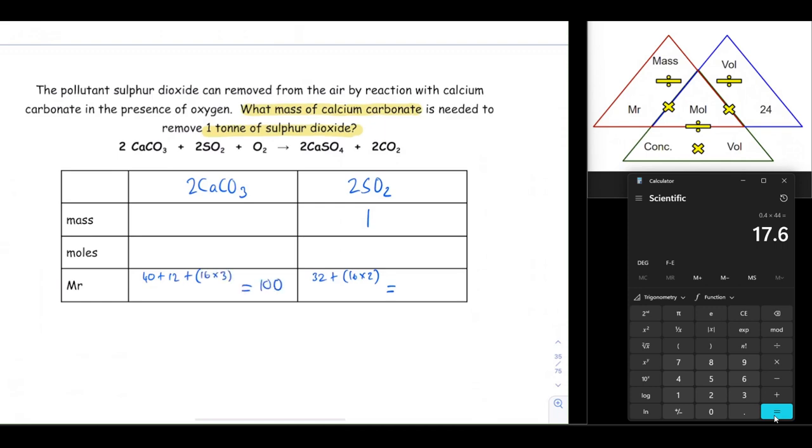That gives me 100 here. And that gives me 32 plus 32, which gives me 64. So 1 divided by 64 gives me 0.015625.